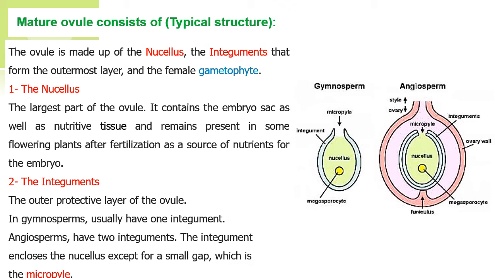And in angiosperms we have two coats or two protective layers. This is one and another integument. The integuments enclose the nucellus except for a small gap marking the micropyle, which, as we said, is the entrance of the pollen tube containing the pollen grain to fertilize the ovule inside.